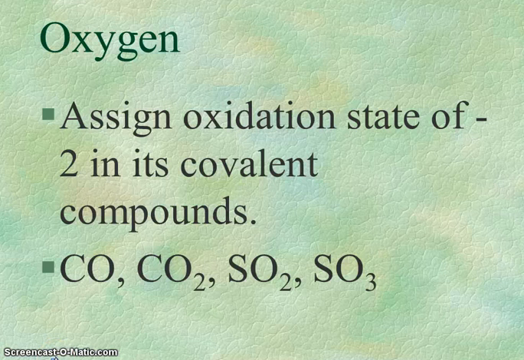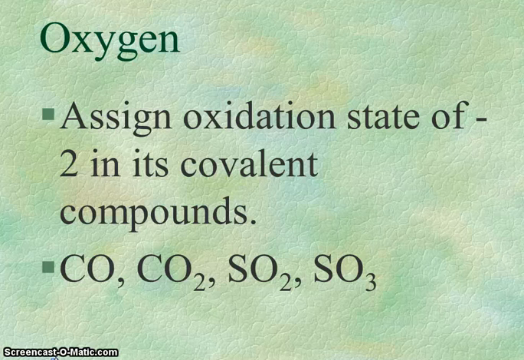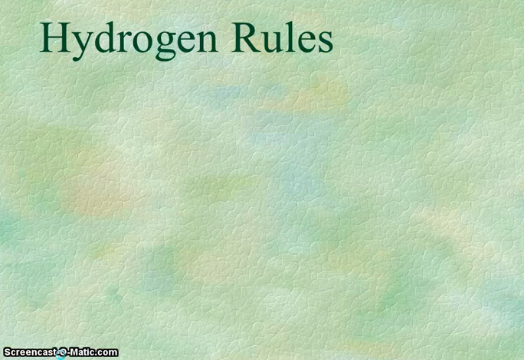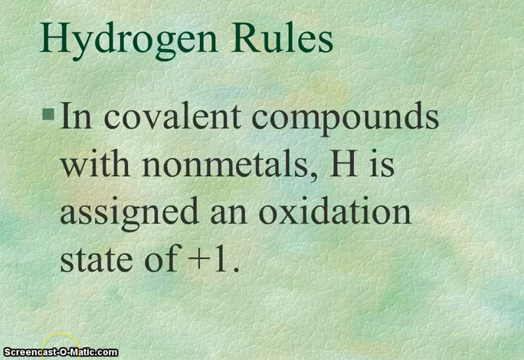So if we were to look at carbon monoxide or carbon dioxide or sulfur dioxide or sulfur trioxide, oxygen would be assigned an oxidation state of -2 in each of those compounds. Hydrogen. In covalent compounds, when hydrogen is in combination with nonmetals, hydrogen will always be assigned an oxidation state of +1.